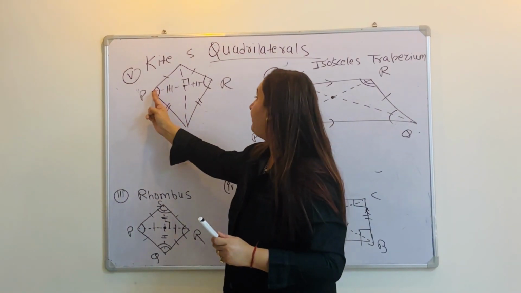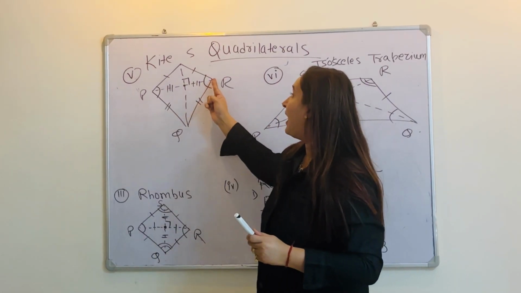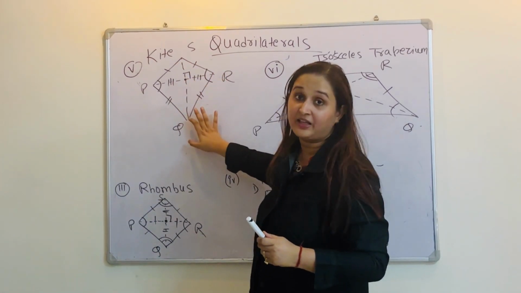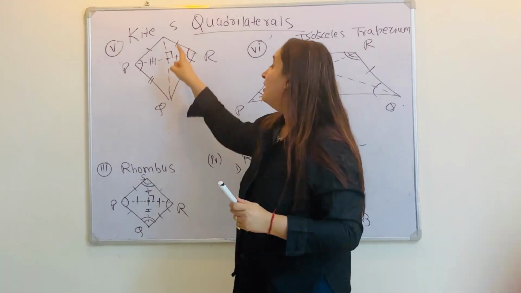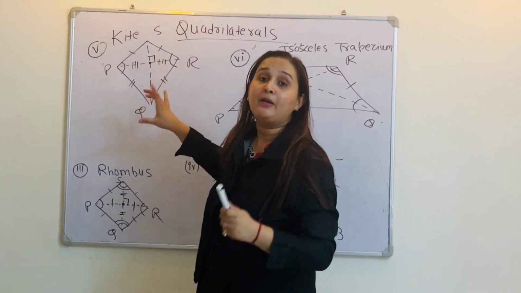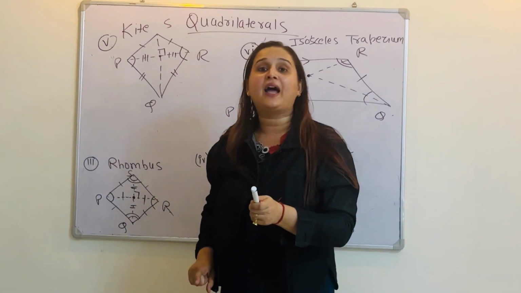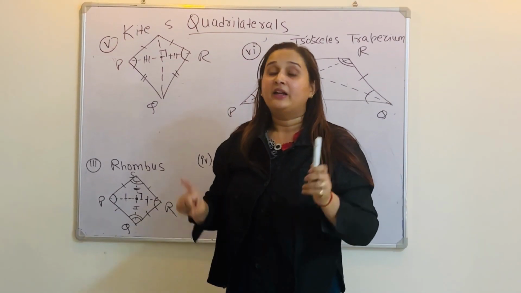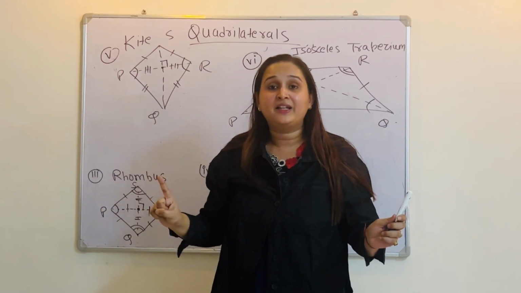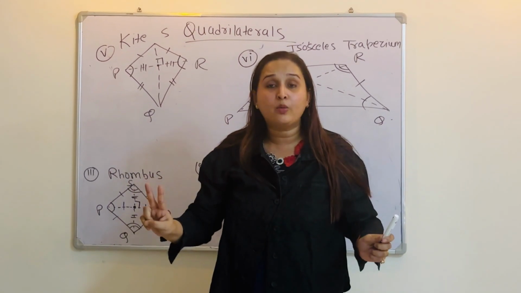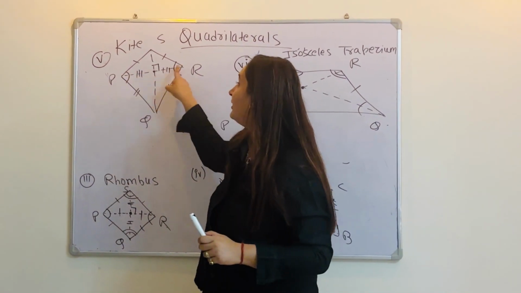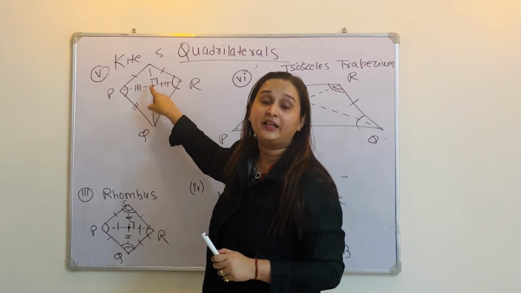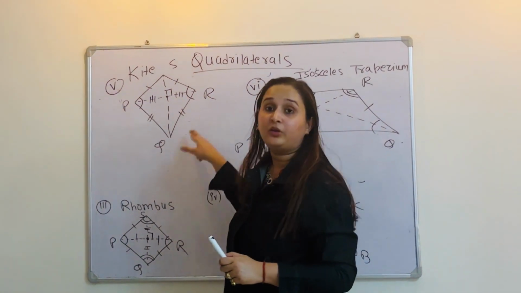So angle P will be equal to angle R, not S and Q. So P will be equal to R. Also, the longer diagonal bisects the shorter diagonal at 90 degrees. Diagonals don't bisect each other in a kite. They are not equal, but the longer diagonal bisects the shorter diagonal at 90 degrees. So this is about the kite.